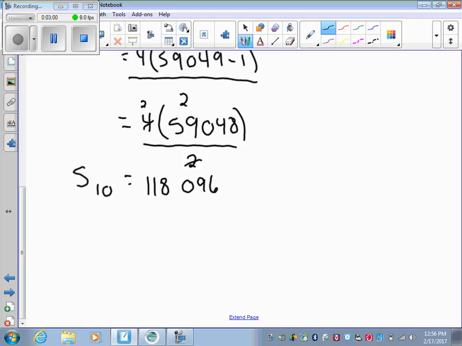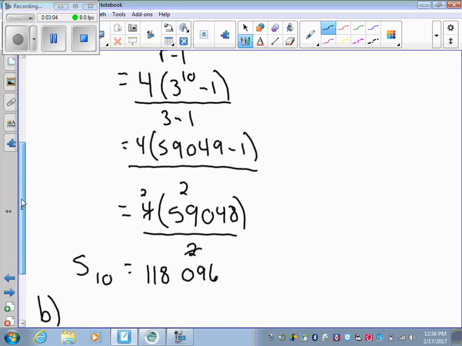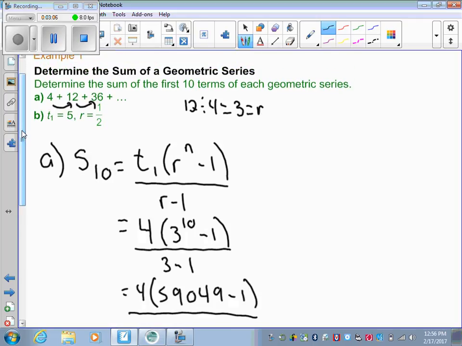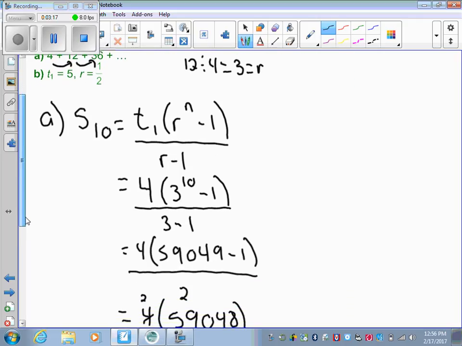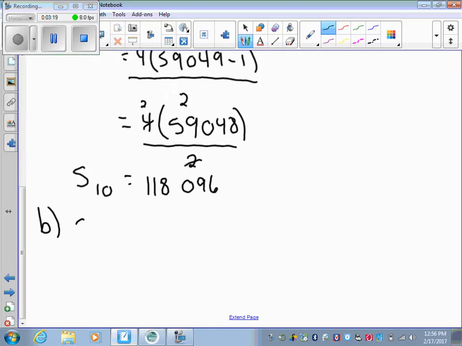Okay, now part B is slightly trickier, and the reason for that is because of the fraction. And they want you to keep it in fraction form unless otherwise indicated. So when we go to do this into the formula, our T1 is 5.